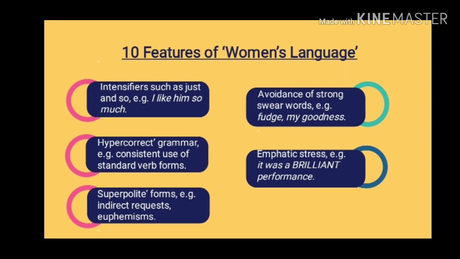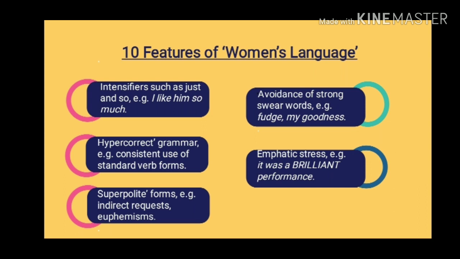Example for the negation, I haven't got no time for supper. A man could say like that, but a woman would say, I haven't got any time for supper. She will use the proper grammar. By using more standard speech forms, women can protect her face and the addressee's face.